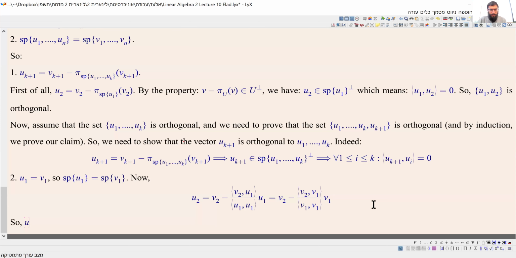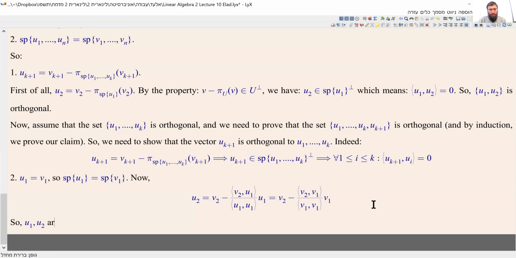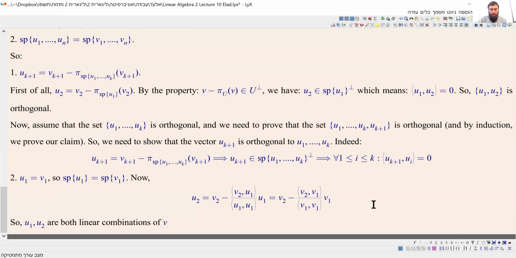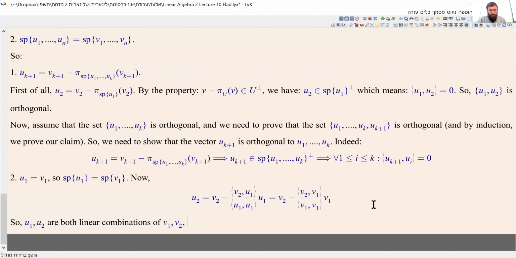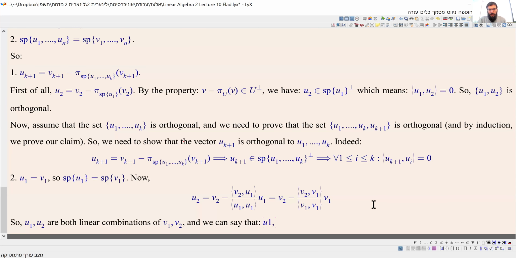So u1 and u2 are both linear combinations of v1 and v2. u1 is actually v1, and u2 is some linear combination of v1 and v2. We can say that u1 and u2 are in the space spanned by v1 and v2.